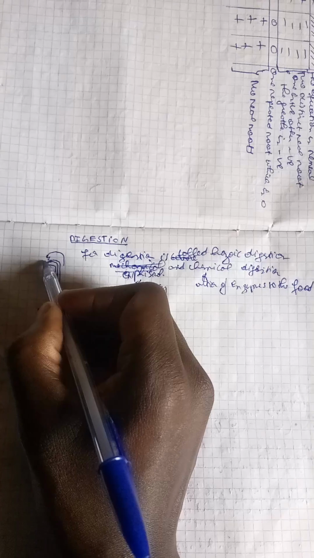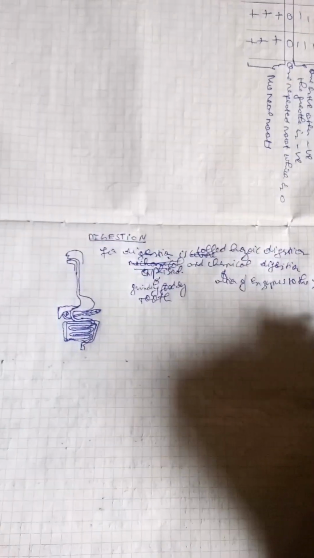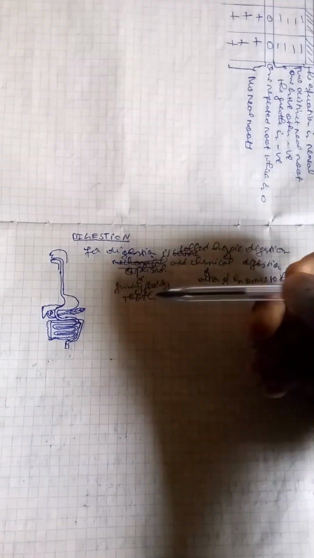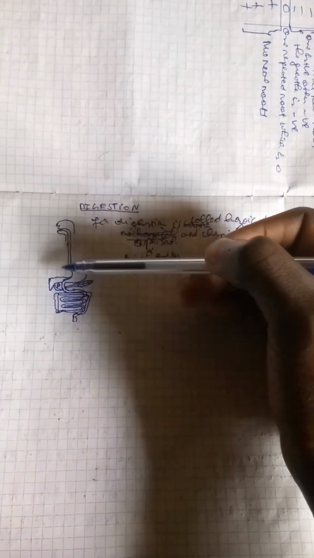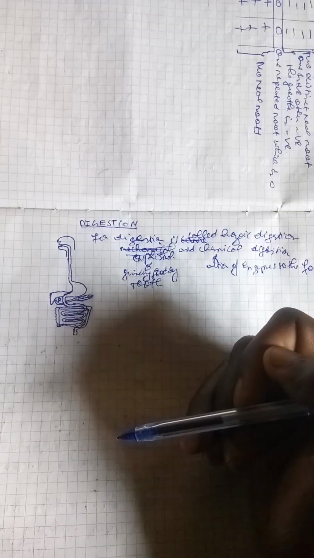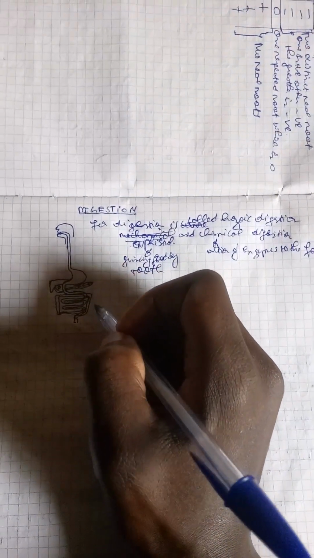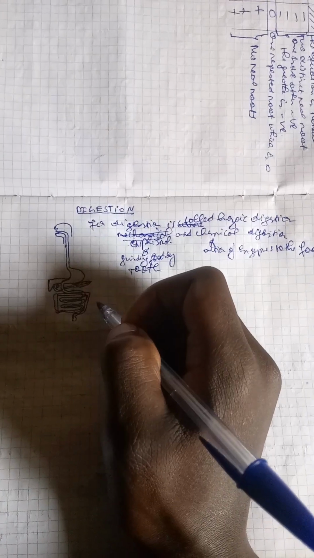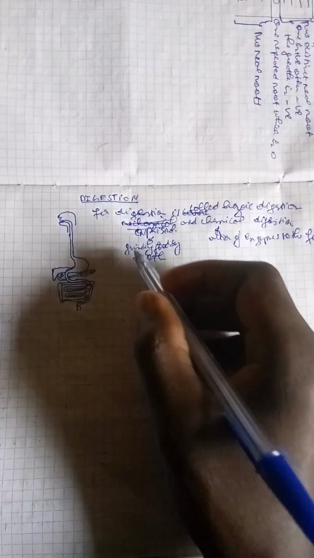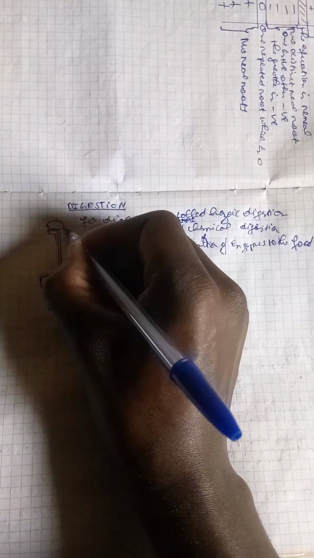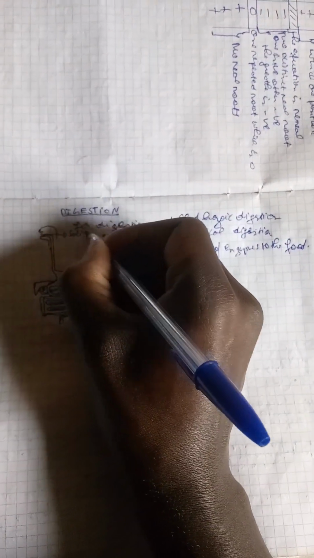If you ingest food, it is ground by teeth and formed into the bolus. In the mouth, there are secretions which perform chemical digestion, which are called saliva. Here in the mouth, there is saliva.